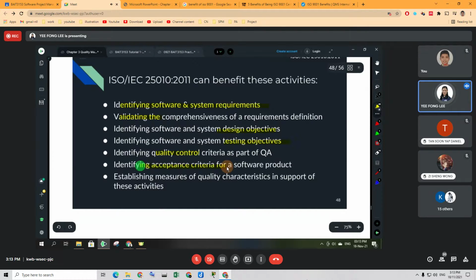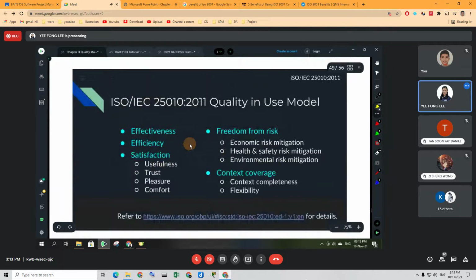That's the benefit of following the standards. These are the characteristics that I mentioned just now. This will not be outdated, still can be used, depends on the suitability.